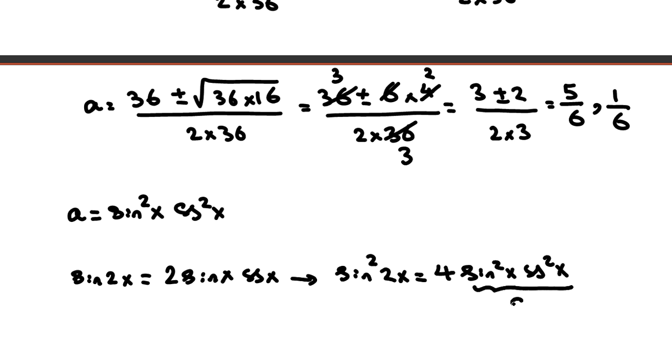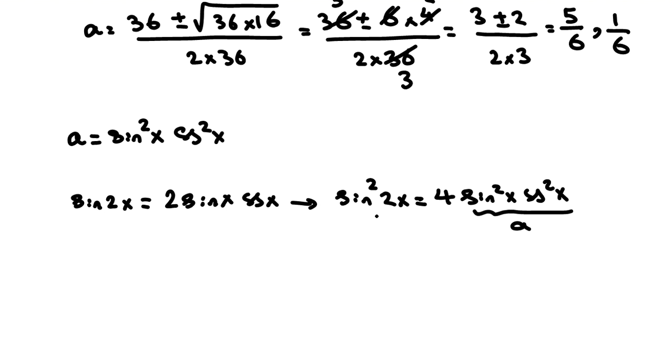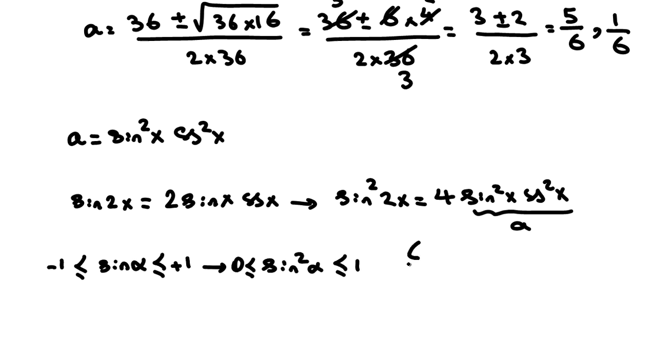It is 4a. And we know it is sine squared 2x. Sine of any angle is always between negative 1 and 1. So when you raise to the power of 2, sine squared is less than or equal to 1. So by these two things, we conclude 4a is less than or equal to 1, and greater than or equal to 0.